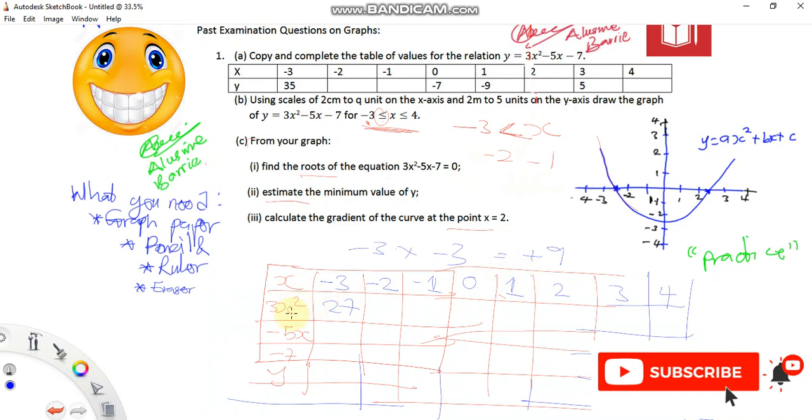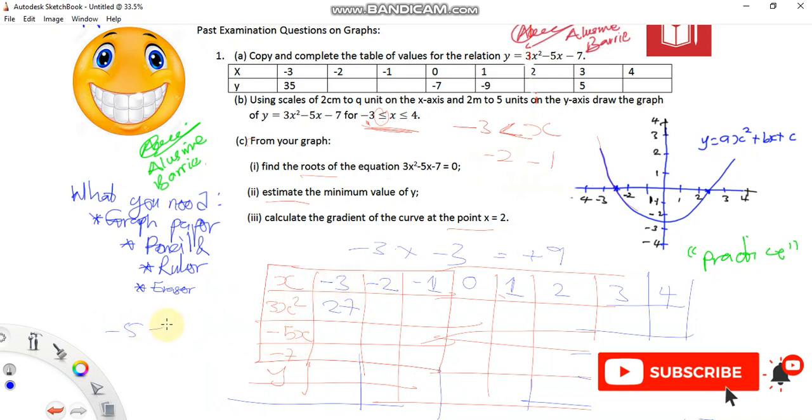So once you square x, you multiply it by 3. And now you come to the next term. Let's do just one, and then you see if it matches what we have here. So minus 5x. The value of x, you multiply it by minus 5. So now we have minus 5 times the value of x. What is the value of x in this column?